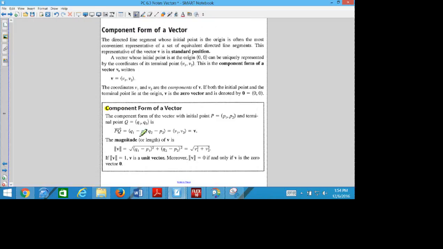Component form is where you have a, and it's written right here in this little space. The V1 is a horizontal change, and V2 is a vertical change.